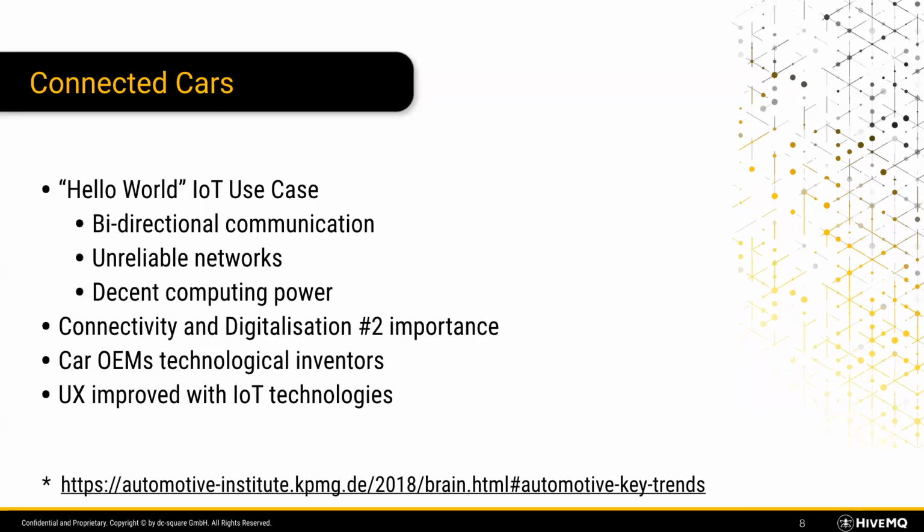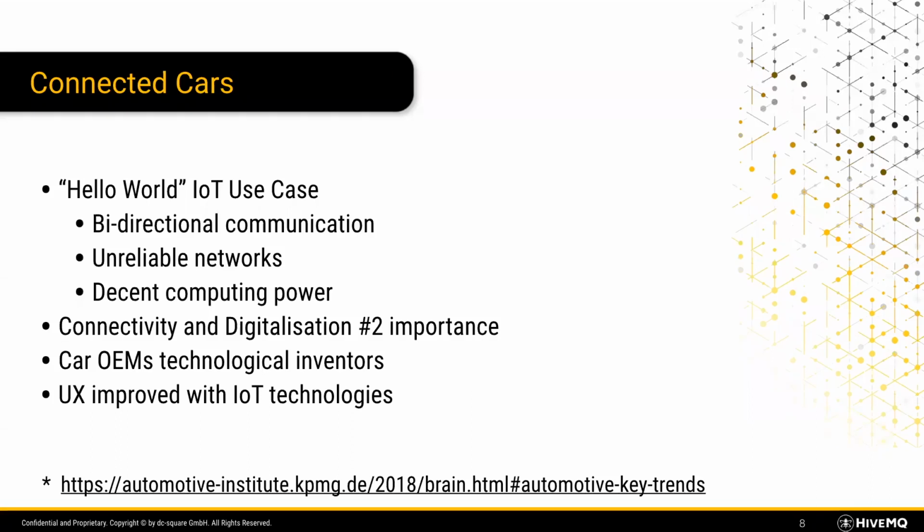A recent survey from 2018 showed that across automotive executives, connectivity and digitalization was the number two importance. This also explains why basically all the big-time OEMs in the manufacturing space are introducing connected car capabilities.